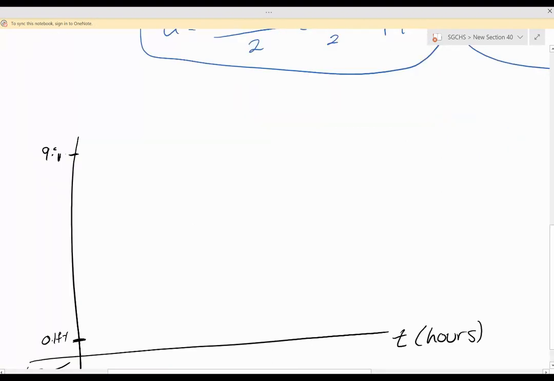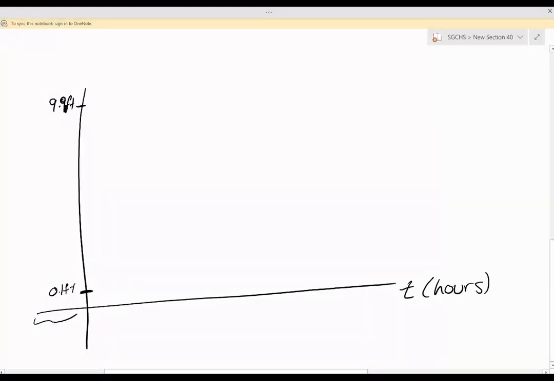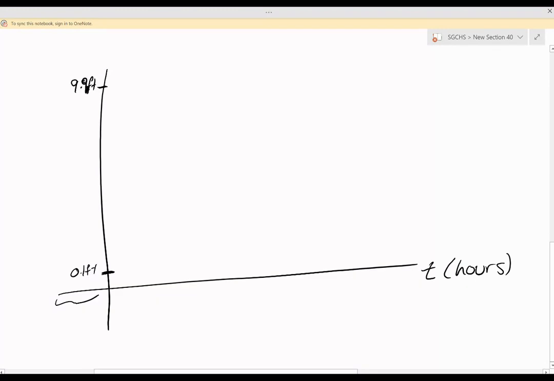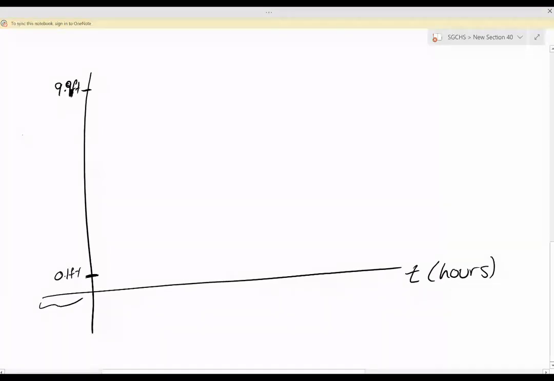Let's maybe make that look a little nicer. I'm going to give titles to these axes. So this is height of tide, and that is measured in feet, and this is time, which is measured in hours.